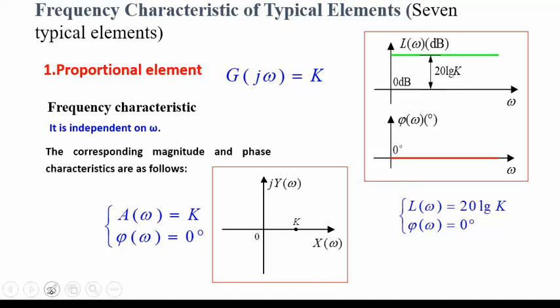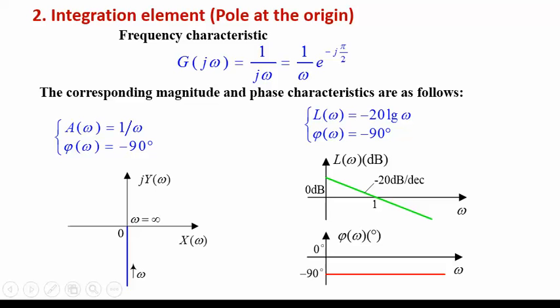So let us look at this term, which is a pole at the origin, an integrator, right? What is the Bode plot for this? Don't look at the board. Close your eyes.